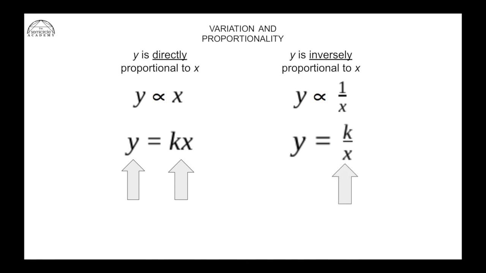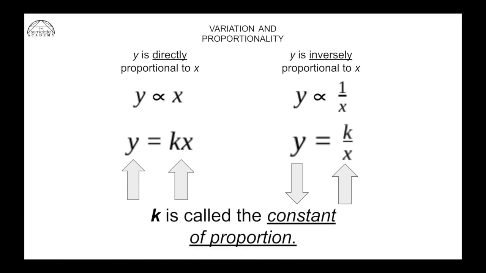Also, we could see with an inversely proportional relationship that when x increases or gets bigger, y will decrease or get smaller. So k now is a constant. We call this the constant of proportion, or the constant of proportionality. And in many, many questions, we are often required to find what is the constant of proportionality.